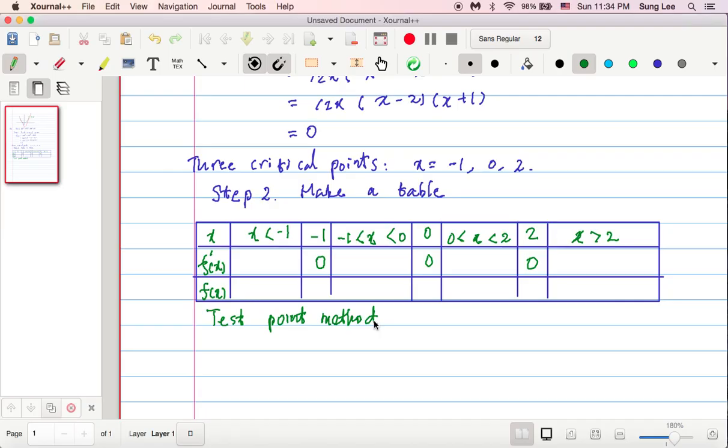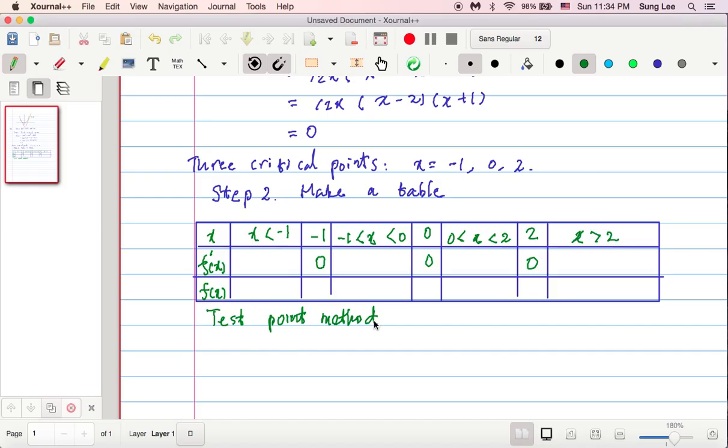You used the test point method. That's one of the common methods to solve polynomial inequalities. I don't know if your teacher told you why it works, but that's due to the continuity of a function.